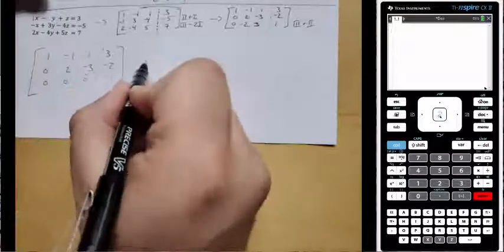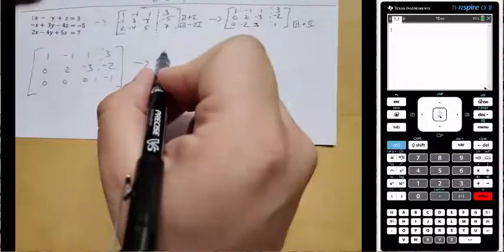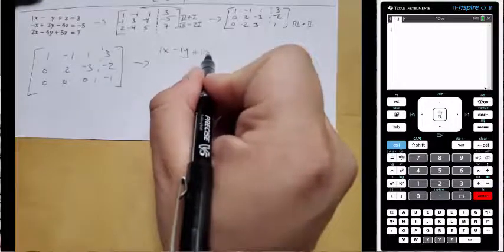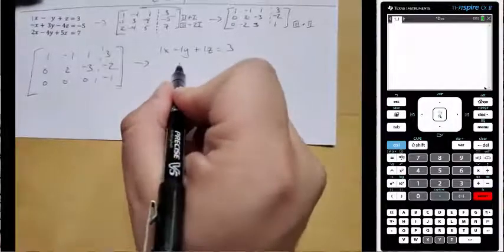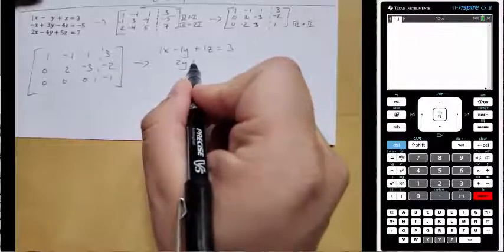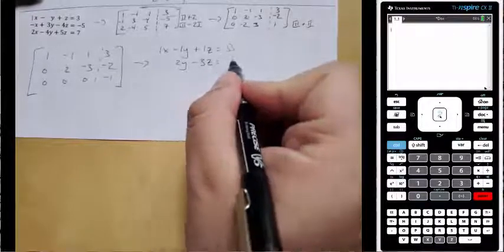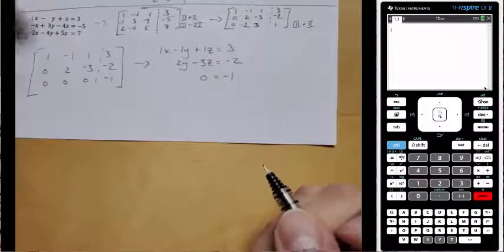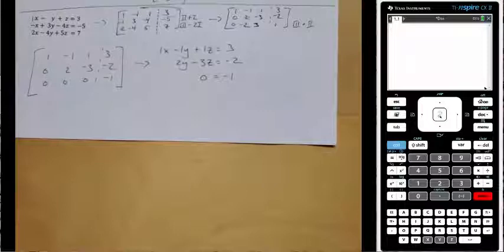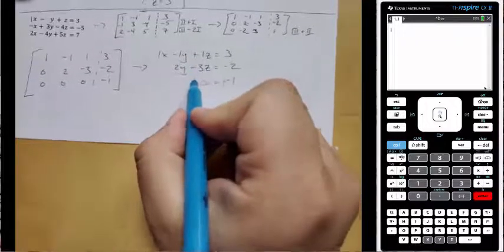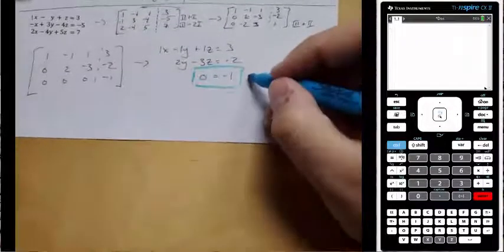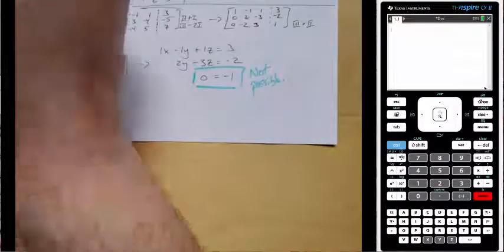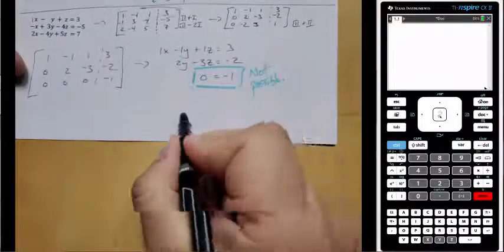So if I convert this back to equations, I would get 1x minus 1y plus 1z is equal to 3. 2y minus 3z equals -2, and 0 equals -1. No, this is not possible. Therefore, this is a system of equations that has no solutions.